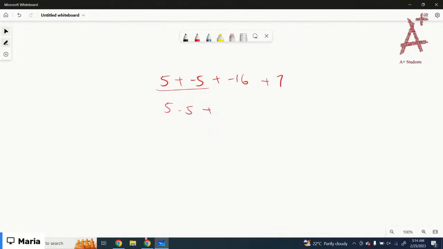So it would be 5 minus 5. 5 minus 5 is 0. Got it? We are left with -16 plus 7.